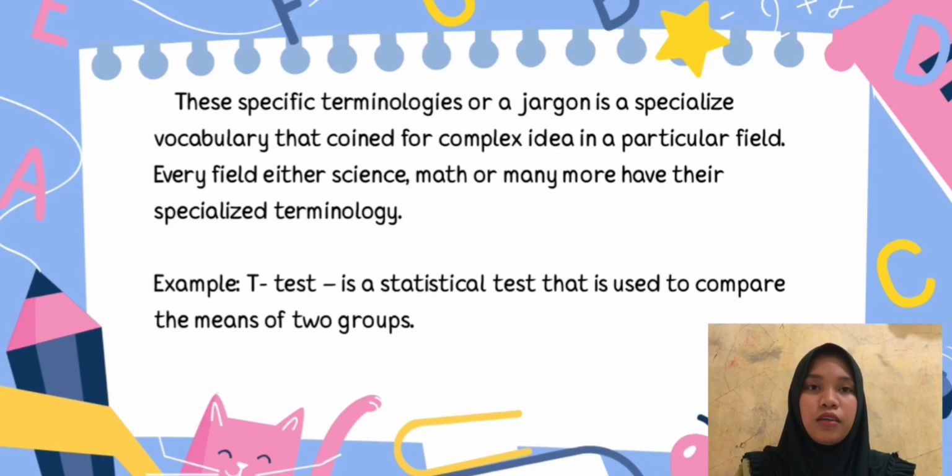Also in English, we have different terms in linguistics that are very hard for others to understand. So these three fields have their differences when it comes to terminologies. An example of this is the t-test.